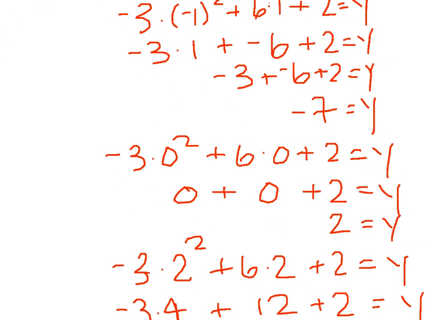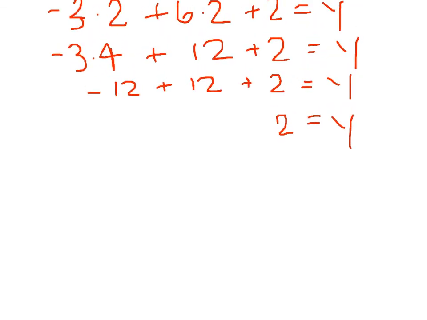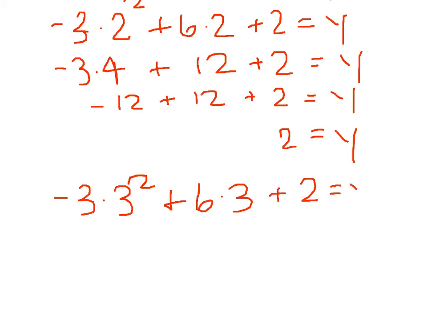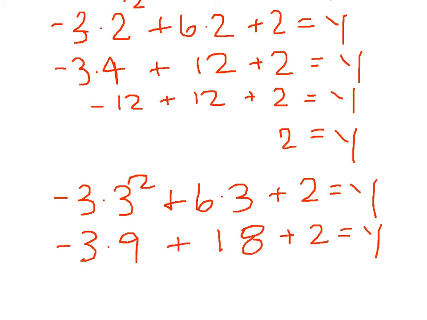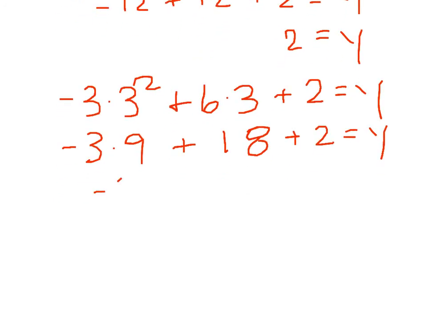I go back to my workstation here. And I'm going to write negative 3 times 3 squared plus 6 times 3 plus 2 equals y. So I'll get negative 3 times 9 plus 18 plus 2 equals y. All right, so I'll get negative 27 plus 18 plus 2 equals y.